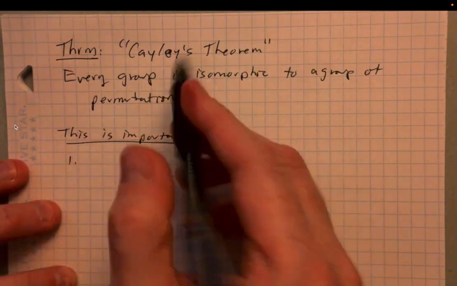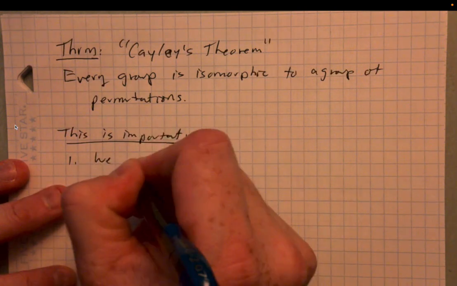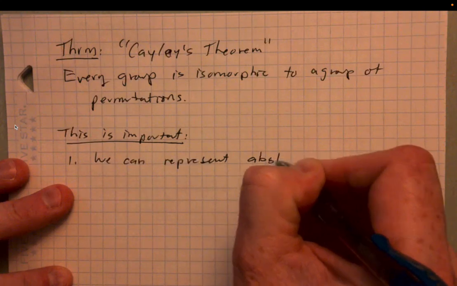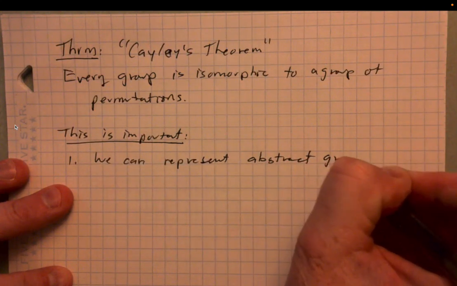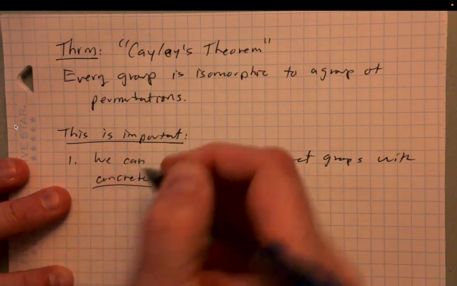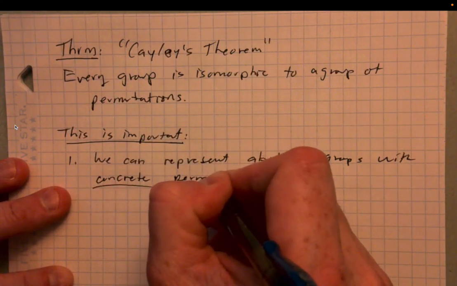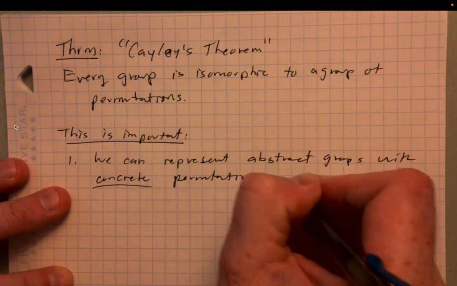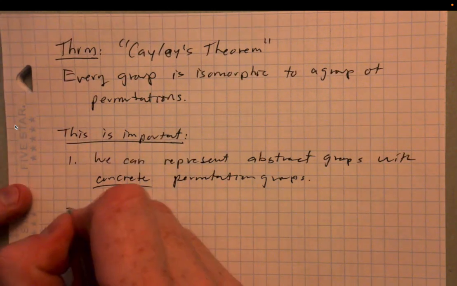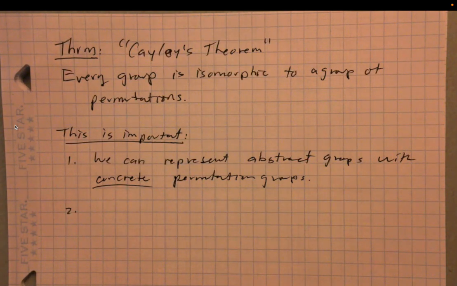So first reason this is important is we can represent abstract groups with concrete permutation groups. Right, you may be thinking to yourself, those permutation groups didn't seem so concrete to me, but relative to some other groups, they are actually pretty real.